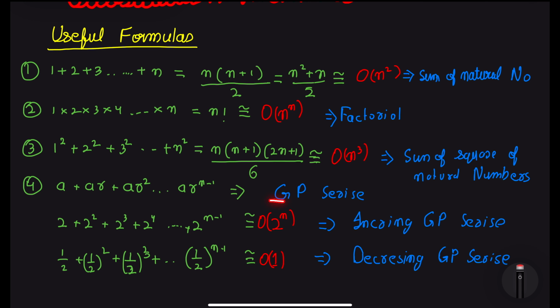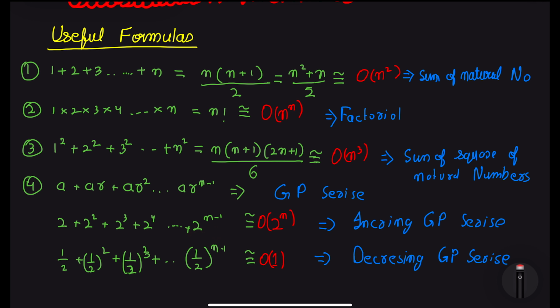Fourth, we have the GP series. There are two types of GP series: increasing GP series and decreasing GP series. In an increasing GP series, we have 2 plus 2 square plus 2 cube plus 2 raised to the power 4 up to 2 raised to the power n minus 1.